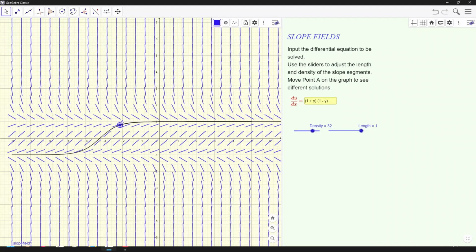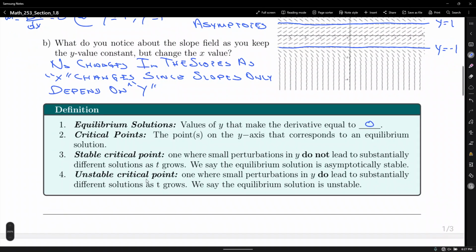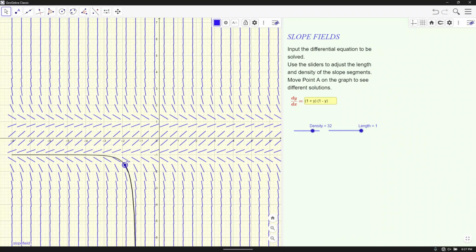All right, what about unstable critical points? Let's go back to the notes. One where small perturbations in y do lead to substantially different solutions as t grows. In this case, if I consider the case below y equals -1, see the behavior, see the slopes.